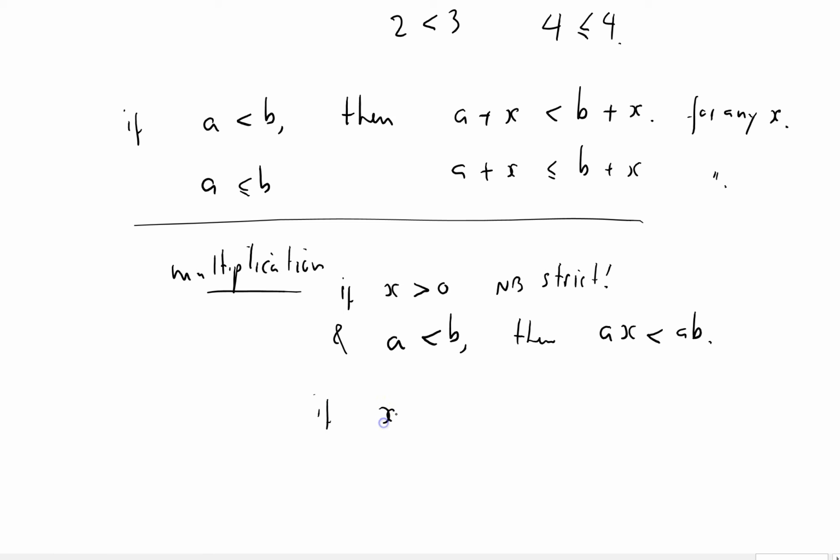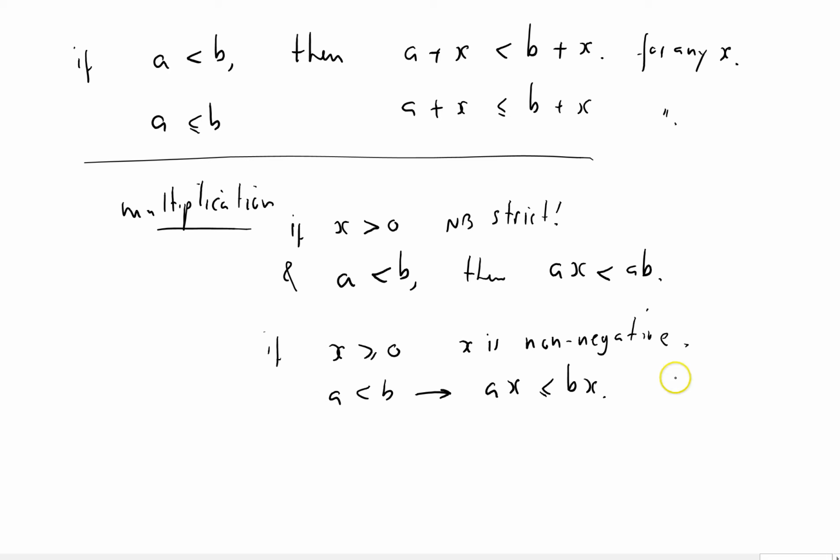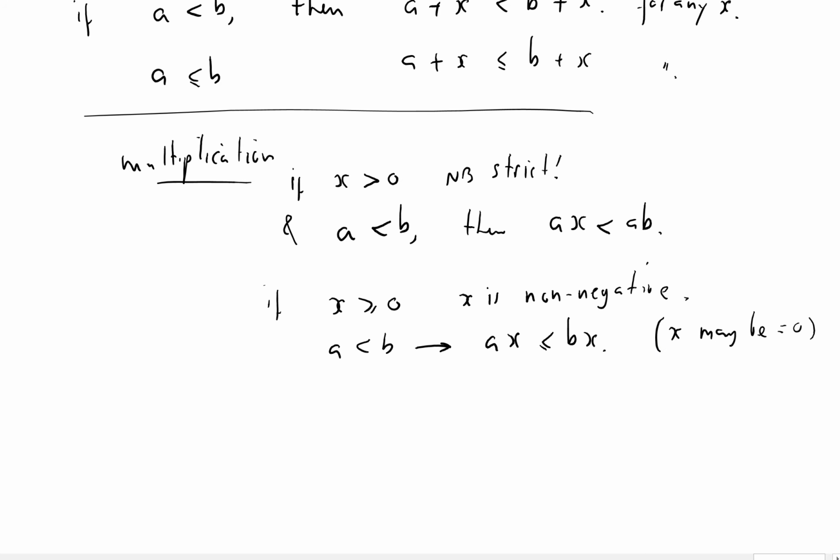If all we know is that X is non-negative, it might be equal to 0. A strictly less than B implies that AX is only less than or equal to BX, because of the possibility, of course, that X may be equal to 0. So you've just got to be a little bit careful about that.